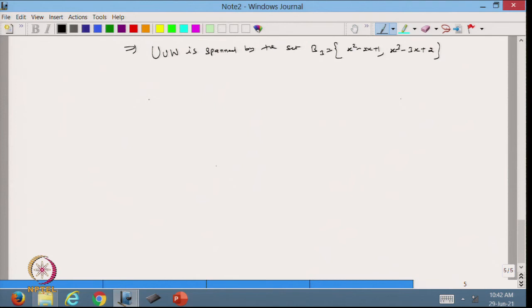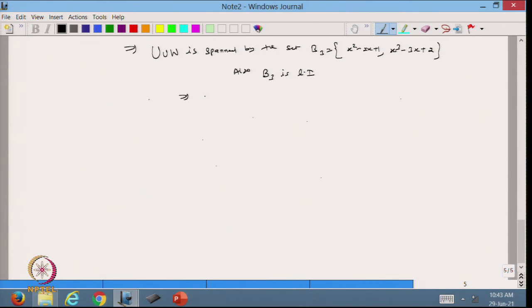Okay. Now, also B3 is linearly independent because one is a third degree polynomial, the other is a second degree polynomial. So, the B3 is linearly independent.